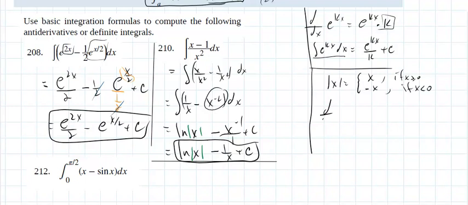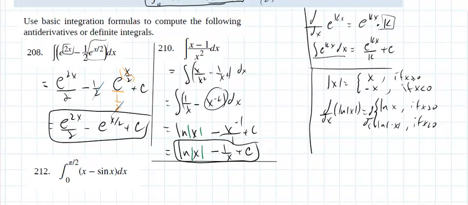So if I take a derivative of natural log of absolute value of x, that's the derivative of natural log of x if x is bigger than 0, and natural log of negative x if x is less than 0. We can't have x equals 0 because natural log has a restriction in the domain.